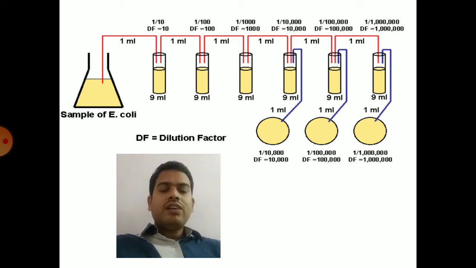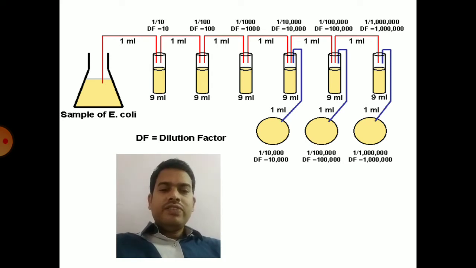If you are going to isolate microorganisms from air, you will prepare a solid medium and expose that particular solid medium to air. That means you prepare a solid medium, you sterilize it, and you pour it in a petri dish.